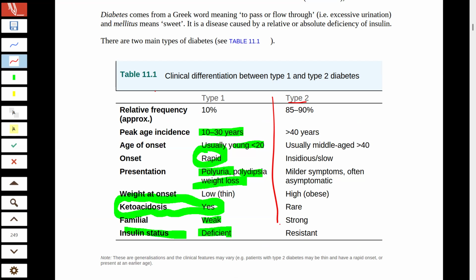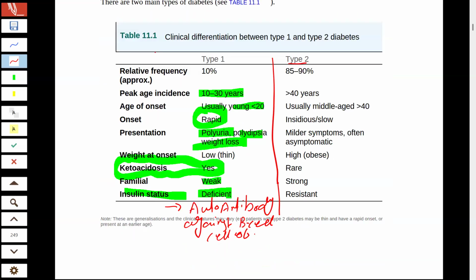Why? Because in type 1 diabetes mellitus, there are autoantibodies against the beta cells of the pancreas. Due to the destruction of the beta cells of the pancreas, the pancreas is unable to produce insulin.